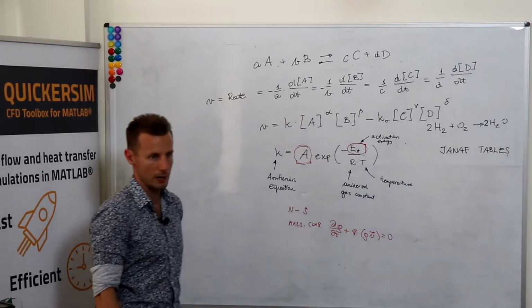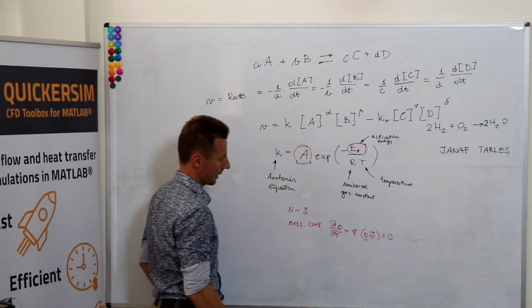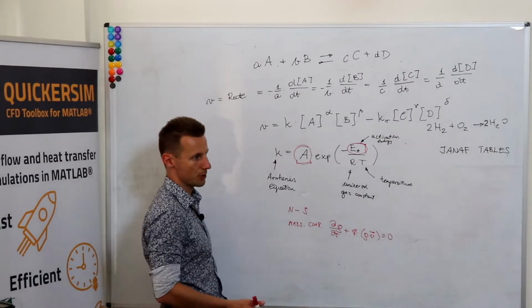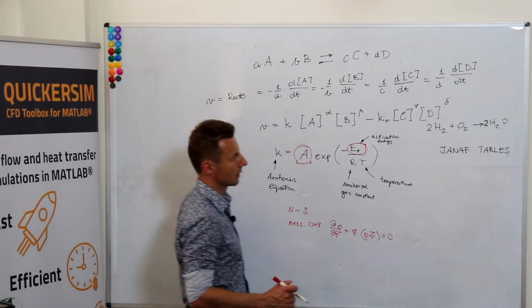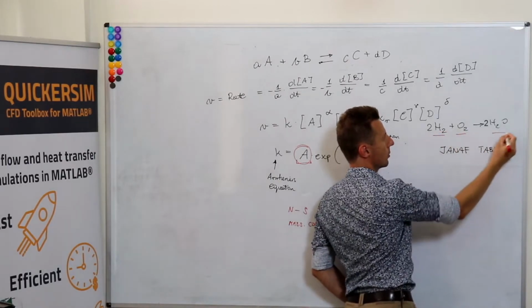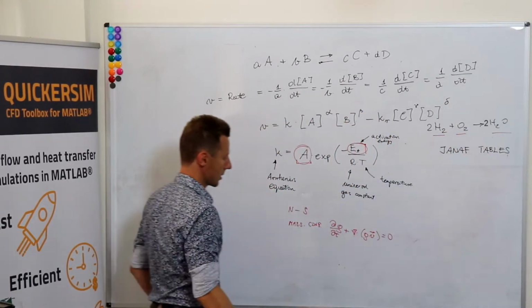And what you need to add, and what Łukasz said, we are adding additional transport equations for each of the species. What would be species here? It would be H2, O2, H2O.